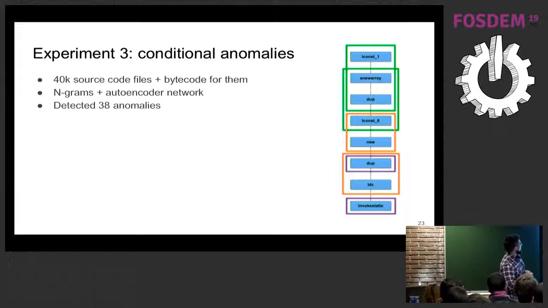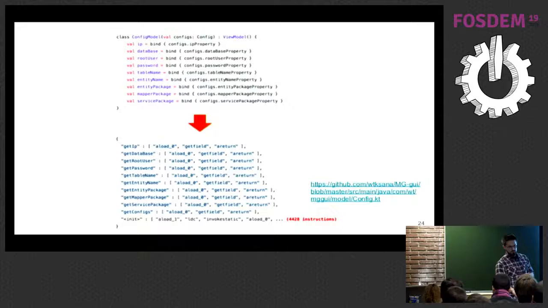That left us with 38 conditional anomalies, one example of which I will show you is this 10-line function that turns into 4,500 bytecode instructions.